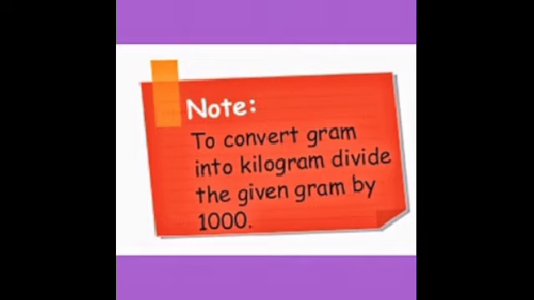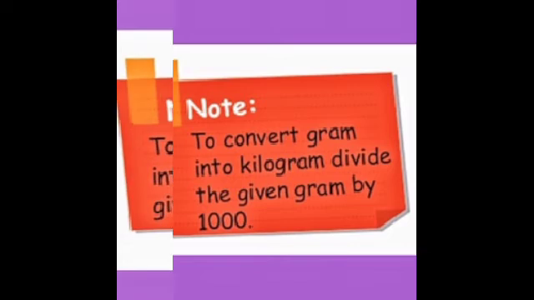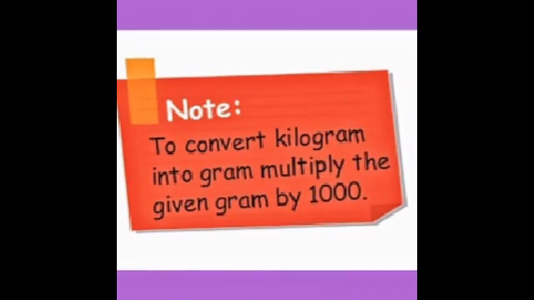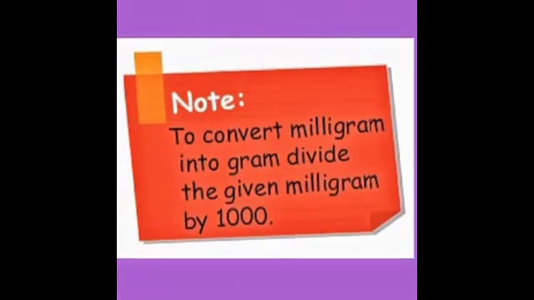The second note, convert milligram into gram. Milligram is a smaller unit comparative to gram. So if you are converting in the milligram, we want to multiply it by 1000 in the milligram numbers alone. Let's move on to the third note.